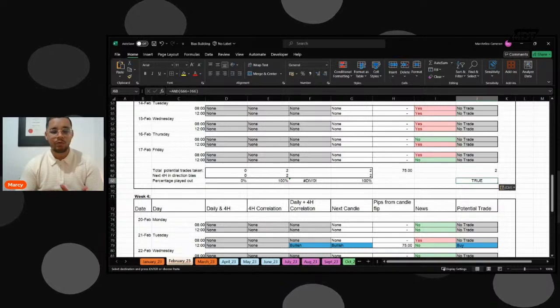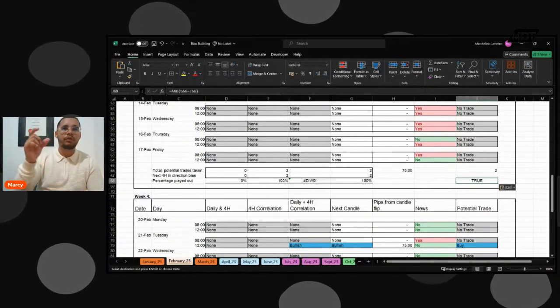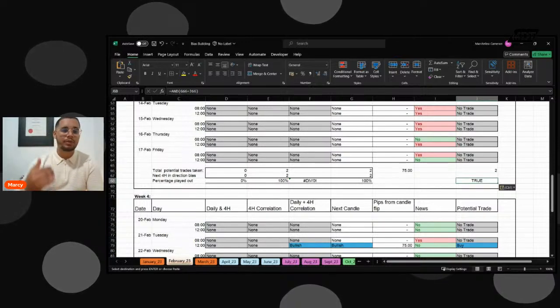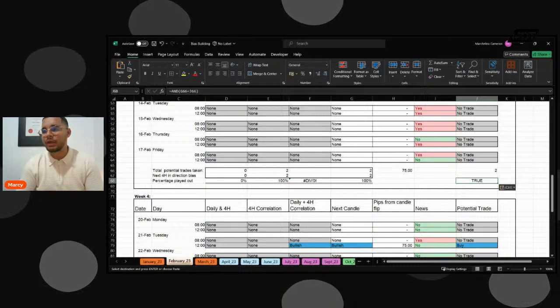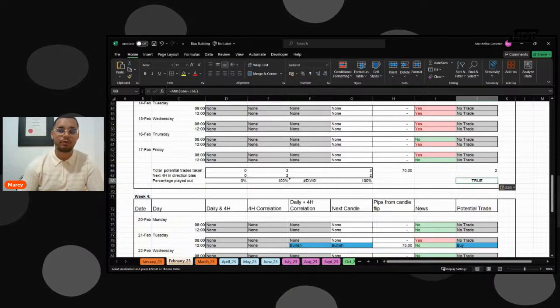The second is 4H correlation, meaning you have the same 4H close across multiple pairs, in the same direction for 5 of them out of 6. And the third directional bias is when we have number 1 and number 2 combined.